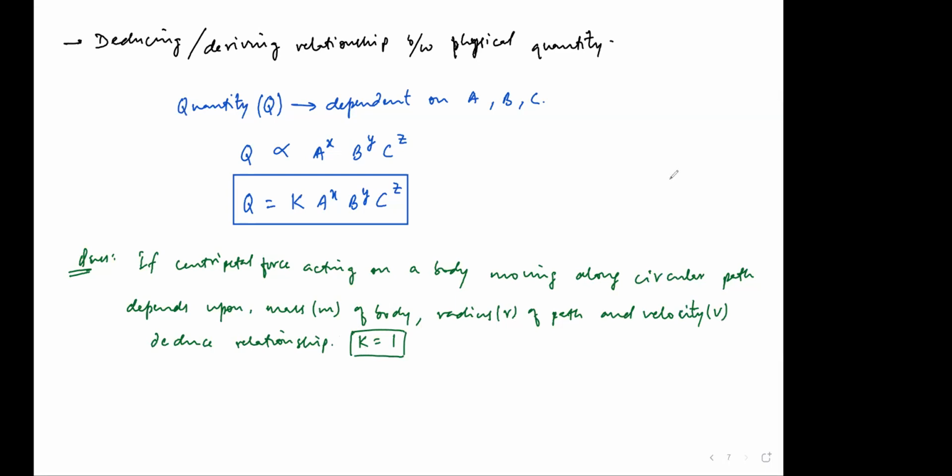So how to solve? Let me summarize this particular part. If a body is moving along a circular path, let's say this, we have a particle here having mass m, moving with some velocity v in this path having radius r.